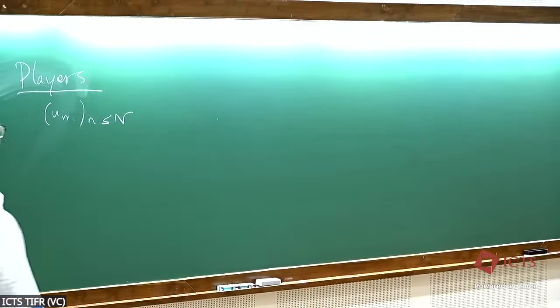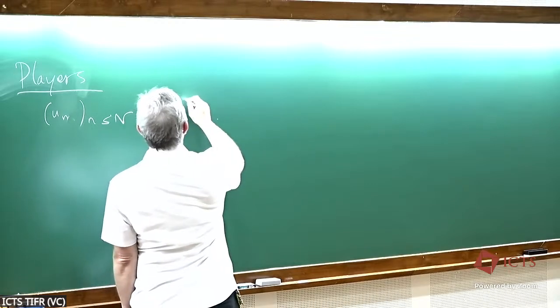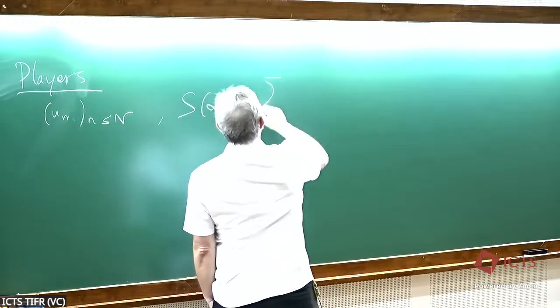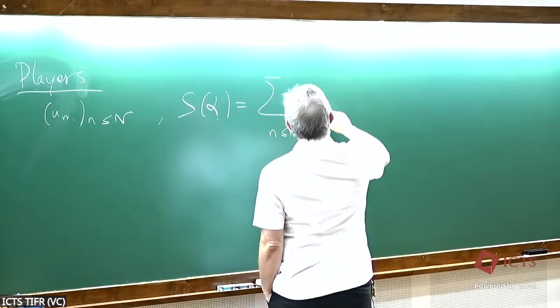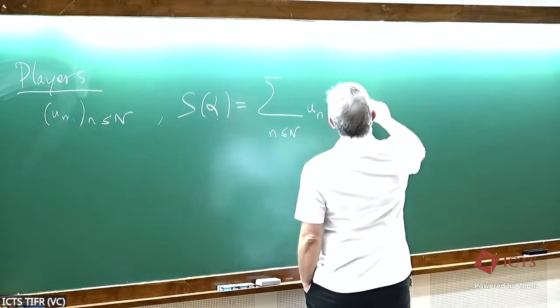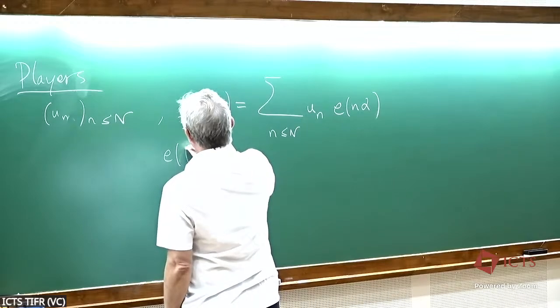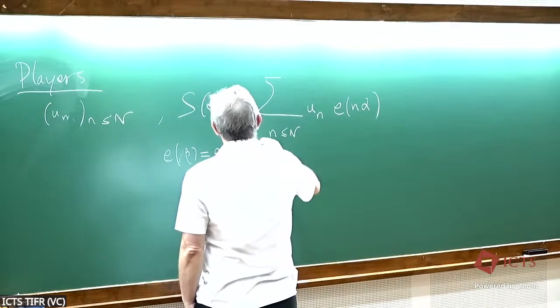It's a sequence I want to study. My main concern is this function S(α) = the sum for n less than N of u_n e(nα), where e(β) is exponential of 2iπβ.